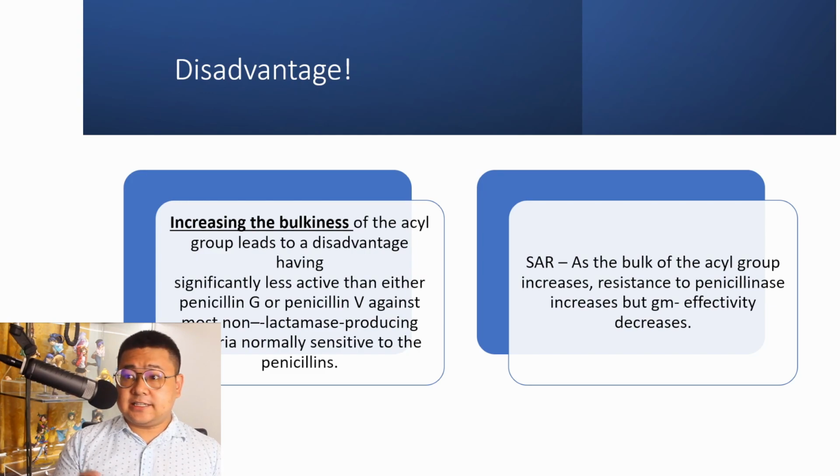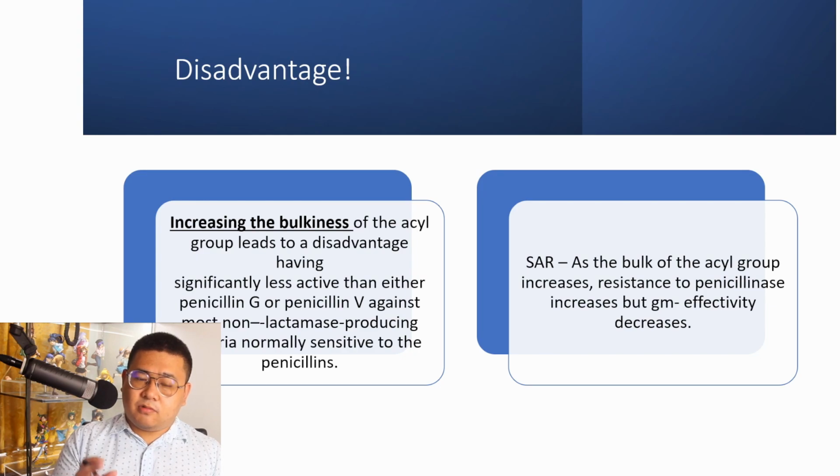If you increase the bulkiness of your acyl group, it leads to penicillins that are less active than the original penicillin G or penicillin V against non-lactamase producing bacteria that are normally sensitive to penicillins. So what this means is as the bulk of the acyl group increases, resistance to penicillinase increases as well, meaning it is more resistant to beta-lactamase, but effectiveness against other organisms is lessened.